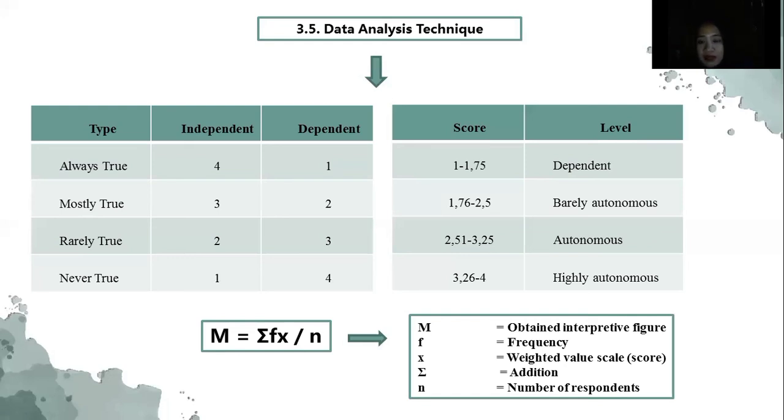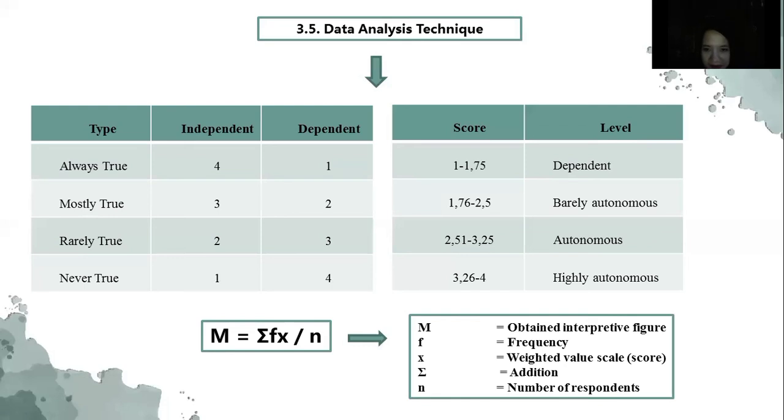If the level is barely autonomous, the score is 1.76 until 2.5. If the level is autonomous, the score is 2.51 until 3.25. If the level is highly autonomous, the score is 3.26 until 4.